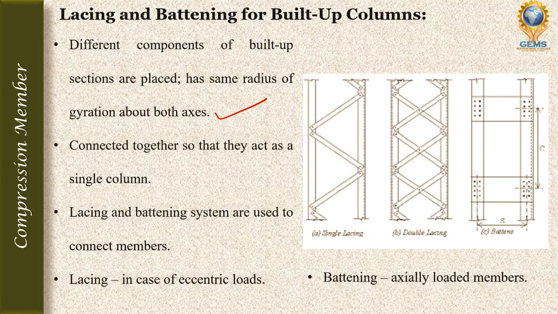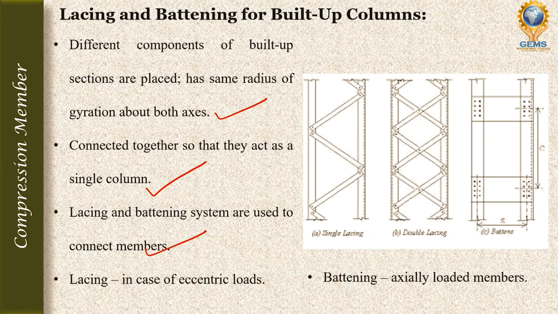Second, the different components are connected together so that they can act as a single column. And third, the lacing and battening systems are used to connect the members.